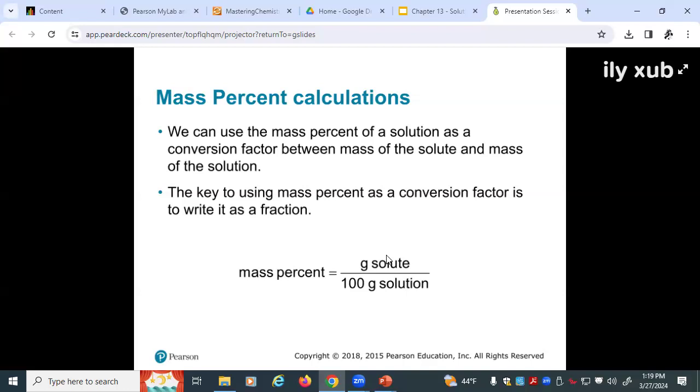So if I were trying to figure out how many grams of a certain material to measure out to make 50 grams of solution at this particular concentration, I could put the percent in as grams of solute, 100 grams of solution as the denominator, and use that as a conversion factor to calculate between grams of solute versus grams of solution.